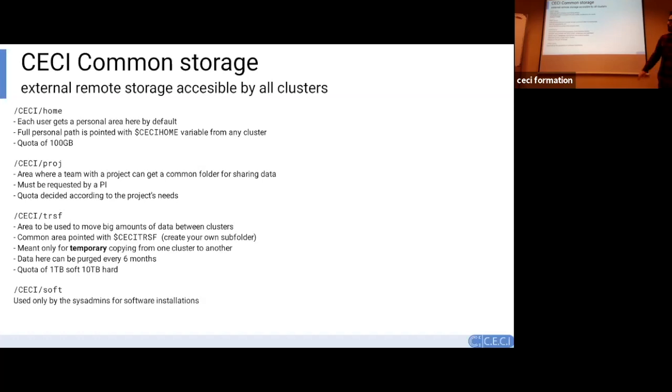And then, as you do ls /cc, you will see there's another area, the soft area, that is used by us to provide part of the software that we provide as modules. It is installed there.